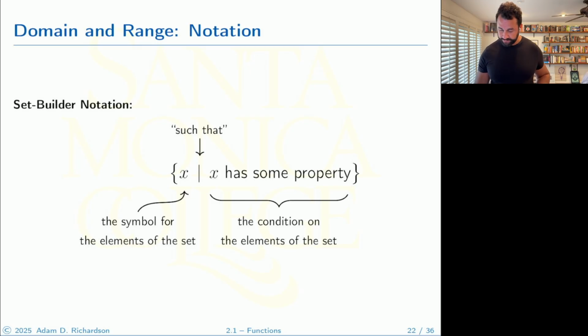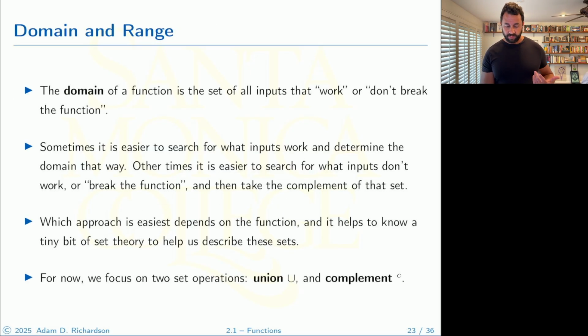Now, this is where we're going to get led into a little bit of set theory. Remember, the domain of a function is the set of all the inputs that work, or that don't break the function. Determining the domain means we have to figure out all the things that will work, and sometimes it's easier to look for what inputs work and determine the domain that way.